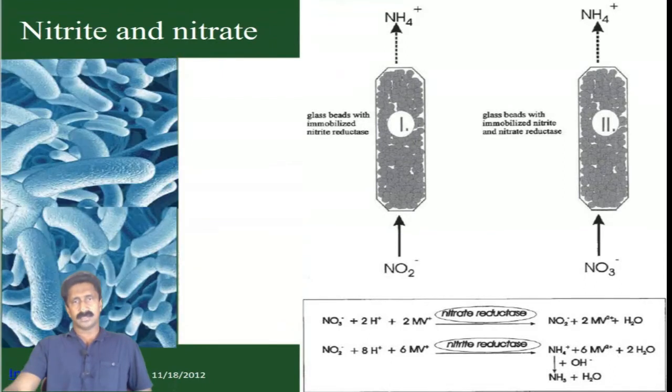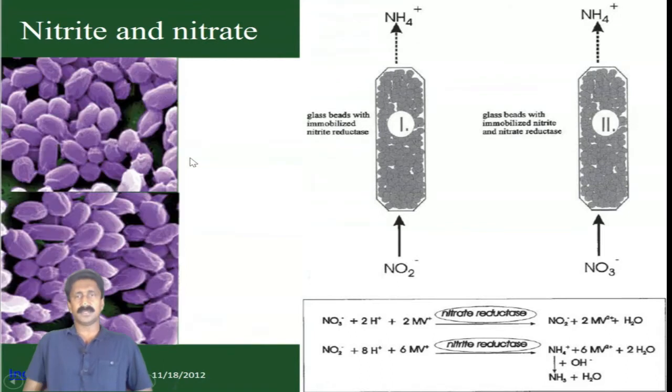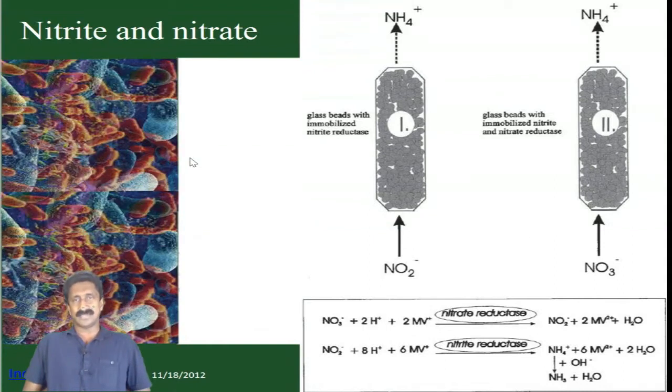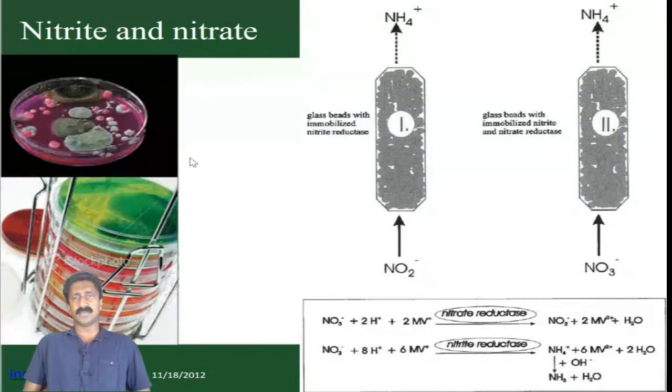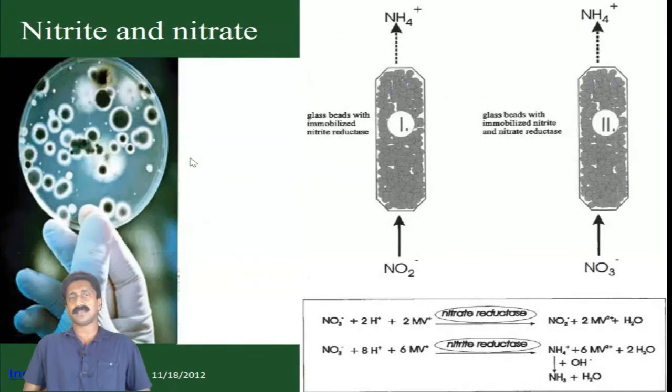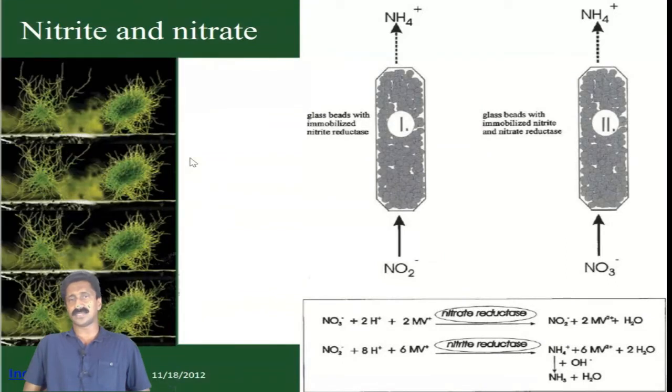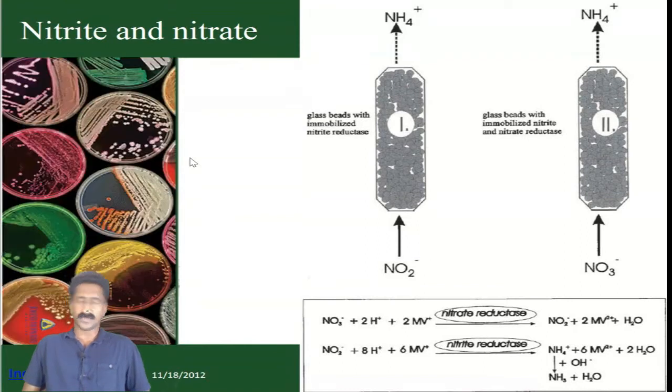Here, at the bottom portion, there is an equation of the conversion of the nitrate and nitrite. First of all, the nitrate, NO3 minus, is reduced by nitrate reductase to nitrite, that is NO2 minus.